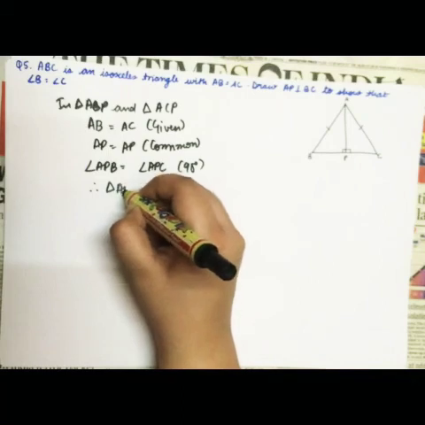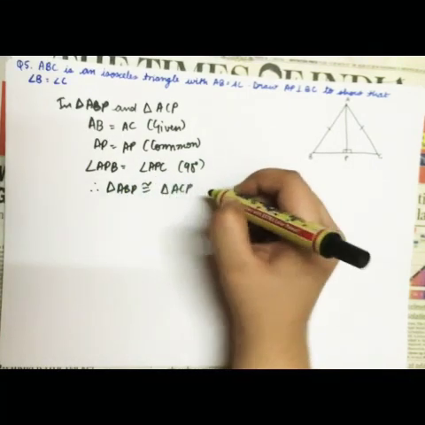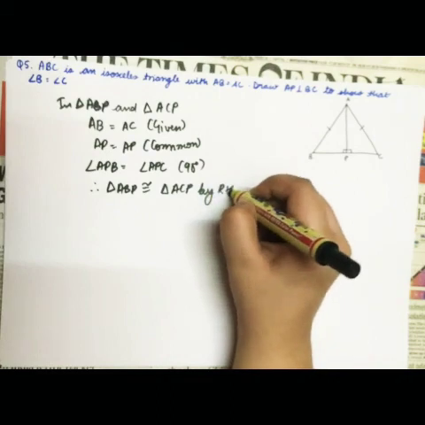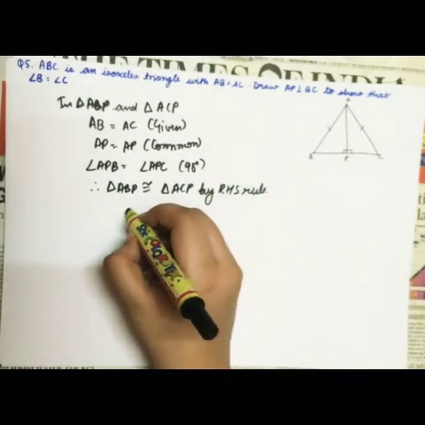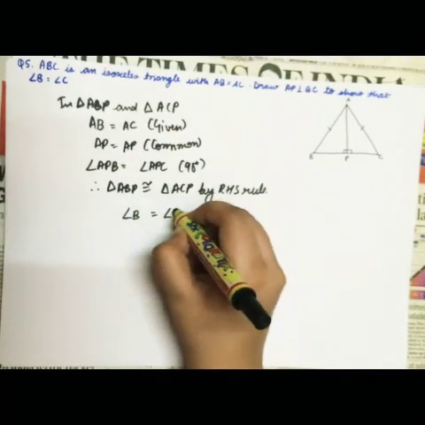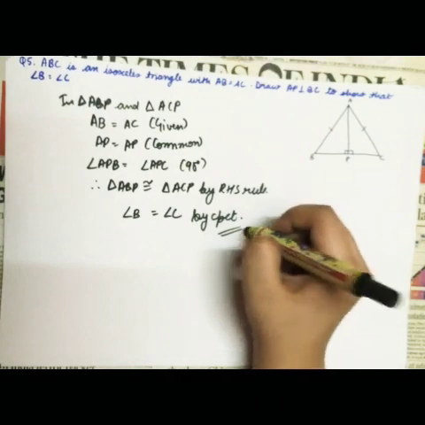Therefore, triangle ABP is congruent to triangle ACP by RHS rule. Therefore, now we can say that angle B is equal to angle C by CPCT. Hence proved.